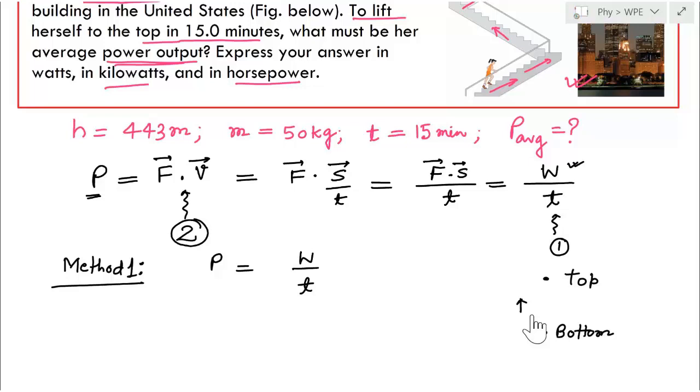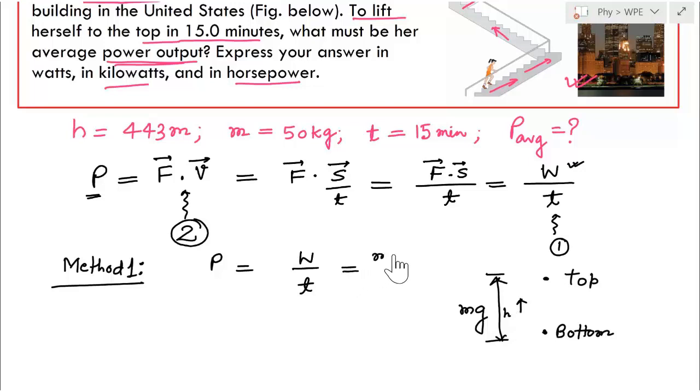So how much work does she have to do when she is going from the bottom to the top of this building? She is doing work against the gravity force, that is equal to mg, and the height she is traveling is h. So work done will be mg times h.